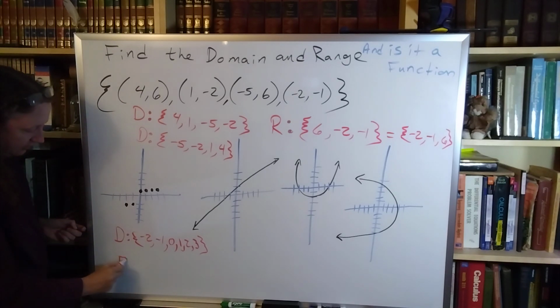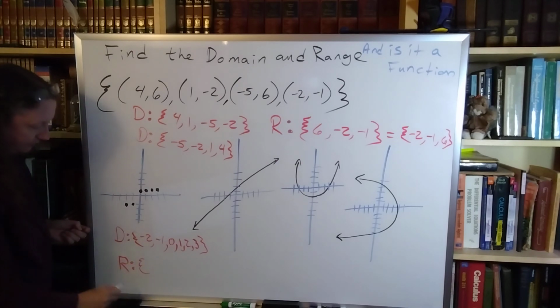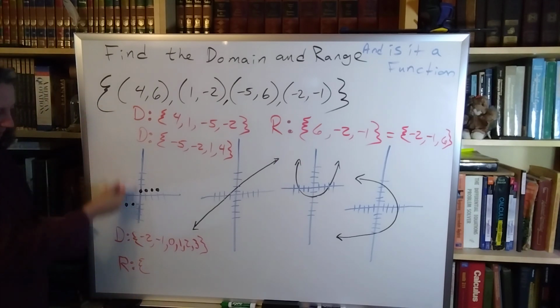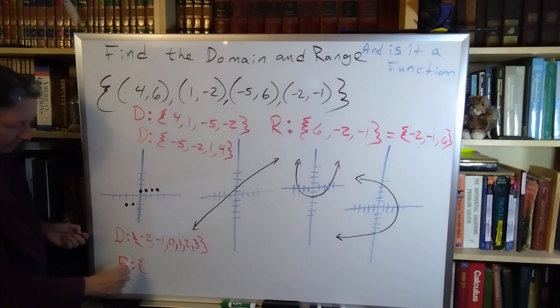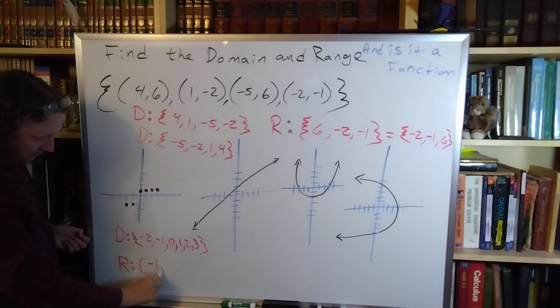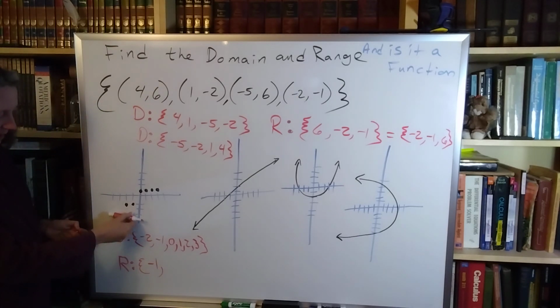My range is going to be the y values of these. So that's my up and down. So going from my bottom to my top, first time I see anything, it's going to be right here, and that's at -1. Going on up, next time I see something is right there, that's at +1.